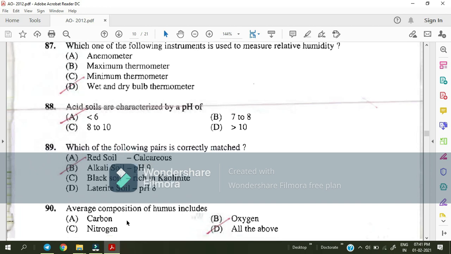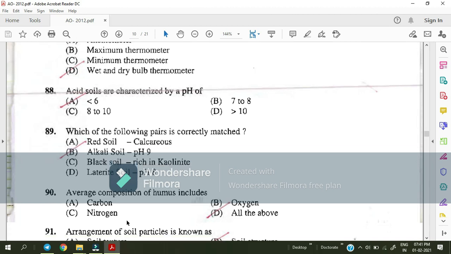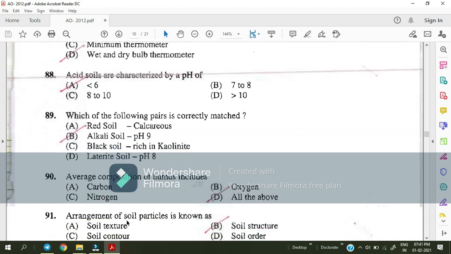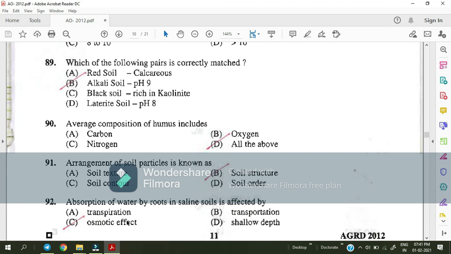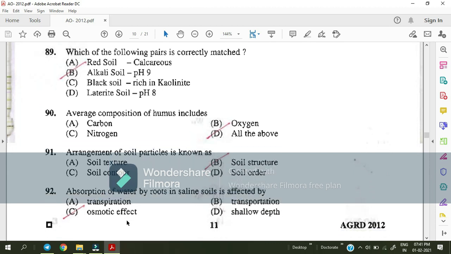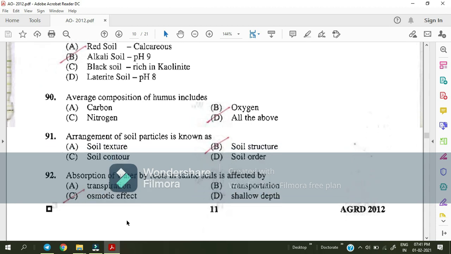Alkali soil, pH 9. 90th question, average composition of humus includes carbon, nitrogen, oxygen, all the above. 91st question, arrangement of soil particles is known as soil structure. Relative proportions of clay, silt, sand is called soil texture.